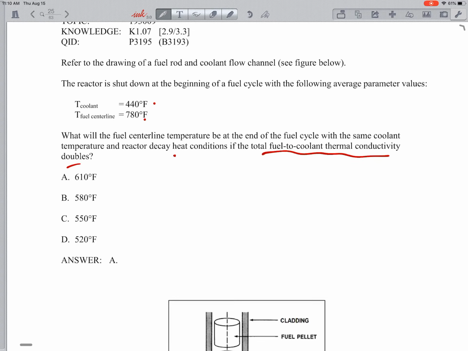Okay, so temperature center line 2 is going to be equal to delta T1 divided by 2 plus temperature of the coolant, right?